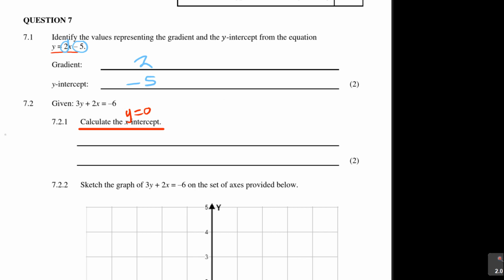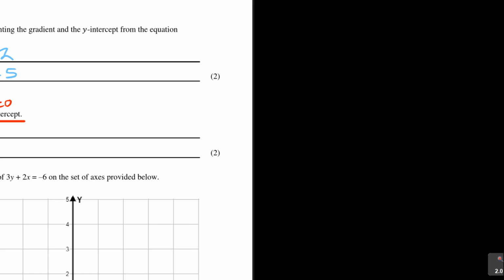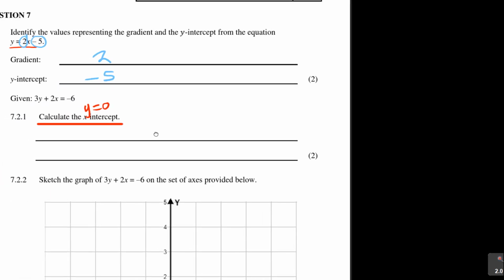Then you write the equation, what is it? 3y plus 2x is equal to negative 6. But don't forget, y is equal to 0.